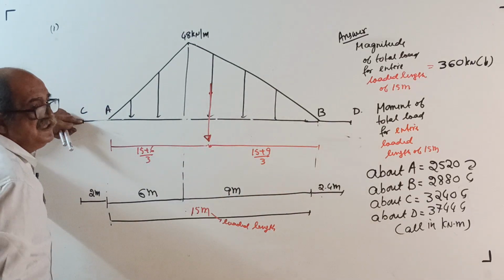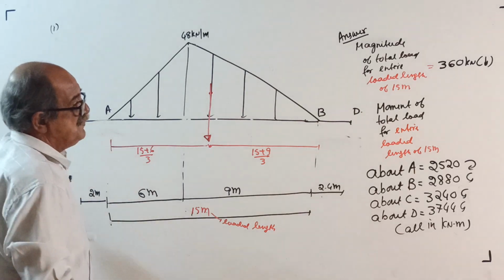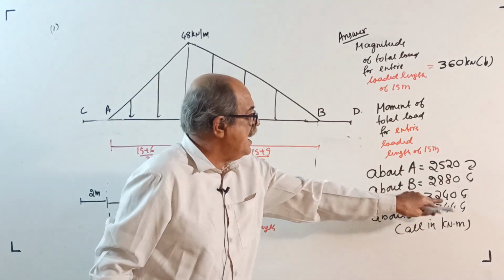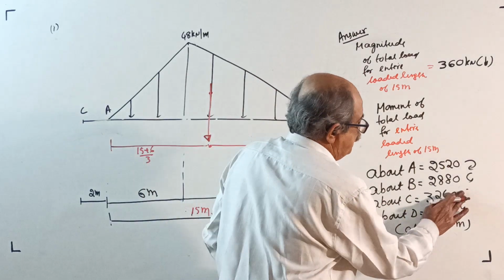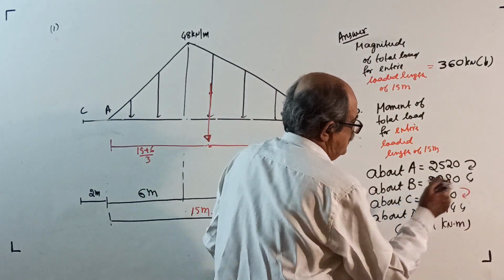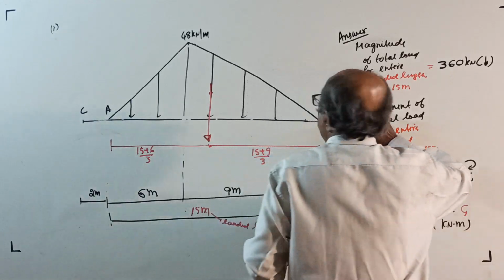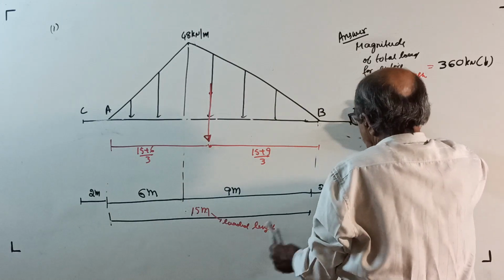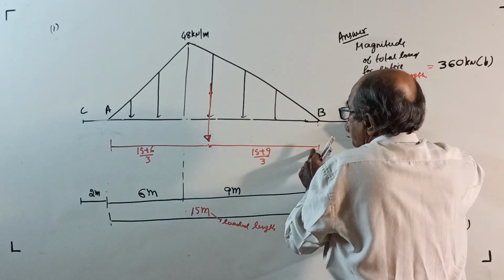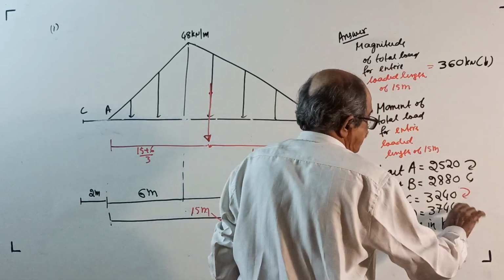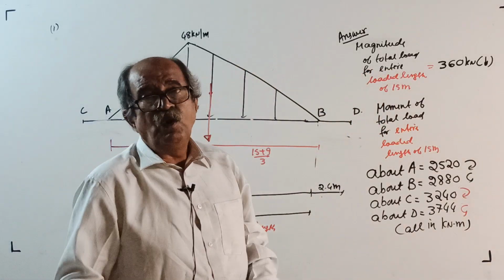Answer is 3240, anti-clockwise. This is clockwise, this is anti-clockwise. Moment about D: the total load into 2.4 plus 15 plus 9 by 3, anti-clockwise. Work out this one.